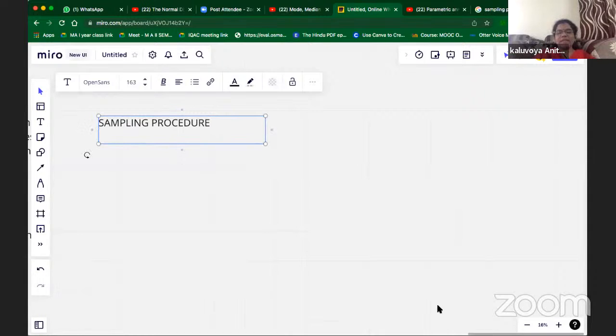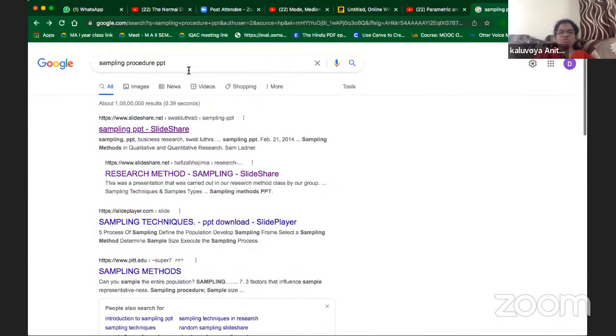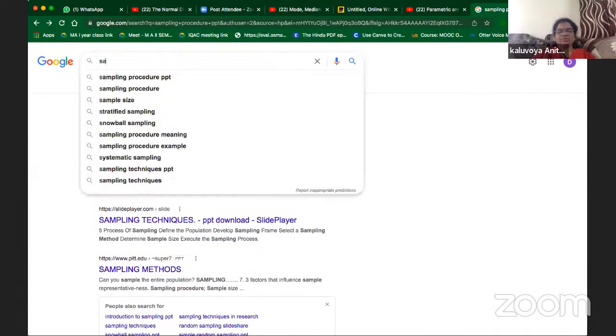Before we understand what the sampling procedures are, it's important that you understand what a sample is. I'll try to take a picture for you which helps you to understand sample.